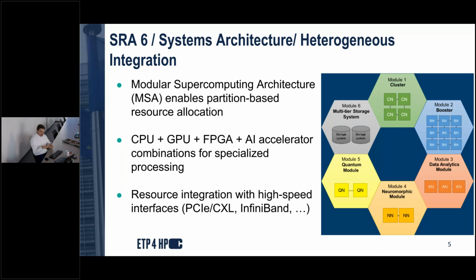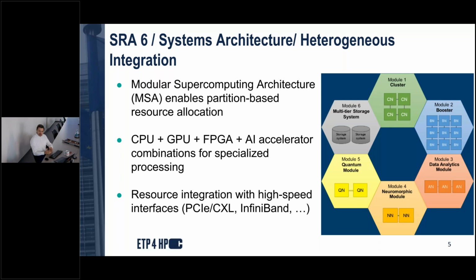They structured all the components, the CPU, GPU, FPGA and accelerator nodes, within modules, and those modules are connected via a high-speed interface, for example, currently InfiniBand, but this can also be CXL in the future, or any other high-speed, low-latency fabric. And the special thing about this is that any application here can access those resources while running.